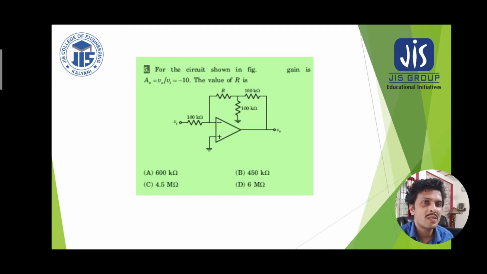R is one resistor and the 100K are the two resistors. Let the common voltage be V. The gain is also given, that is minus 10. If you calculate this way, you can find the numerical value of the resistor R. Let it be worked out by the attendees of this class.